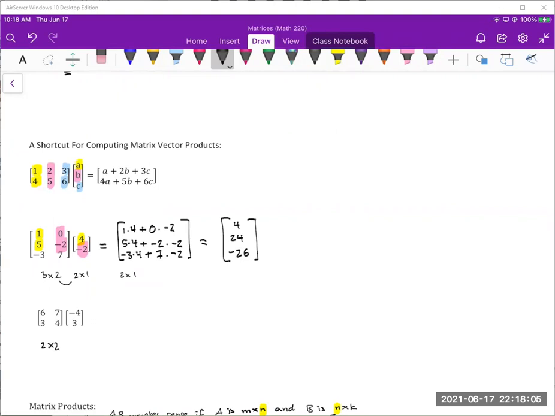Okay, so we have a 2 by 2 matrix multiplied by a 2 by 1 vector. Our result is going to be 2 by 1. So we're going to take 6 times -4 plus 7 times 3 to get our first entry.